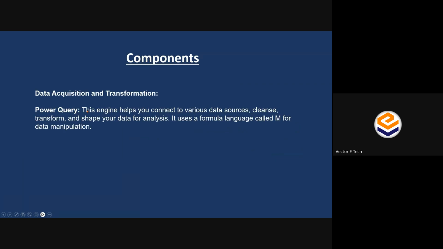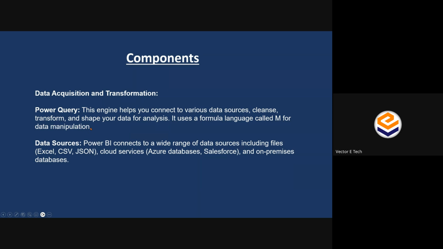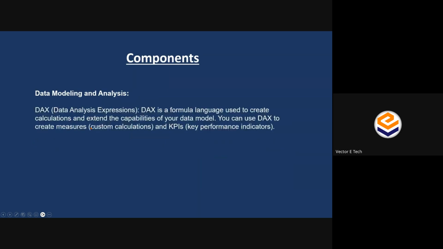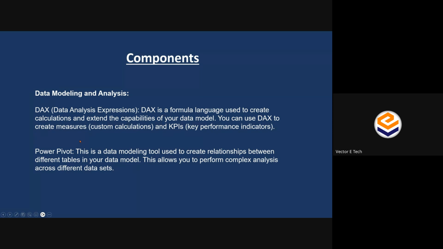So for data acquisition, we understood that Power Query helps us. Next, for data modeling and analysis, just like Excel Power Pivot, we have Power Pivot in Power BI also, which helps in creating relationships between different tables in the data model, right? This allows us to perform complex analysis across data sets.